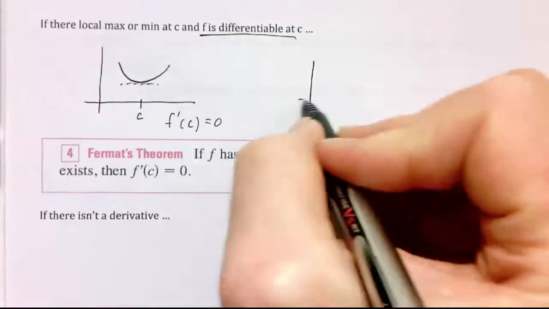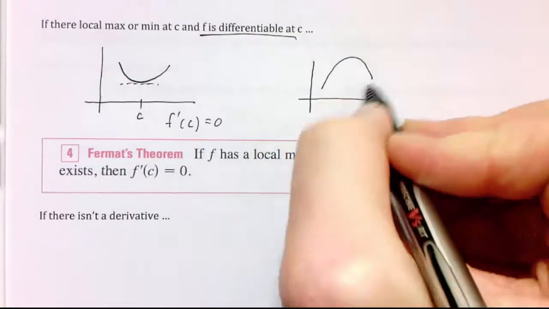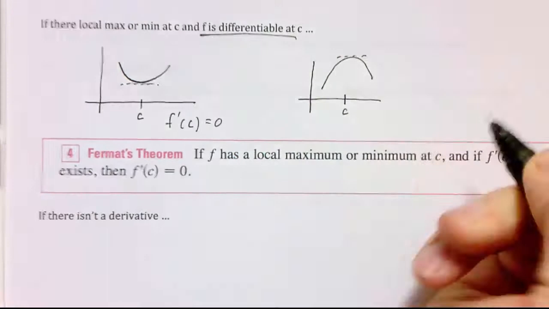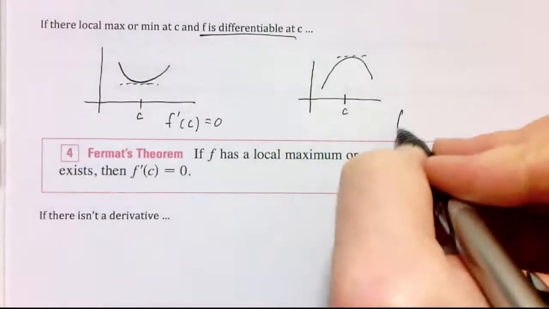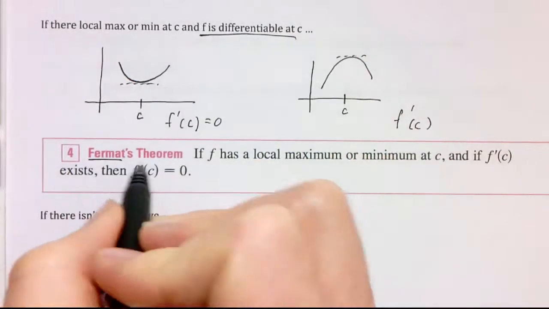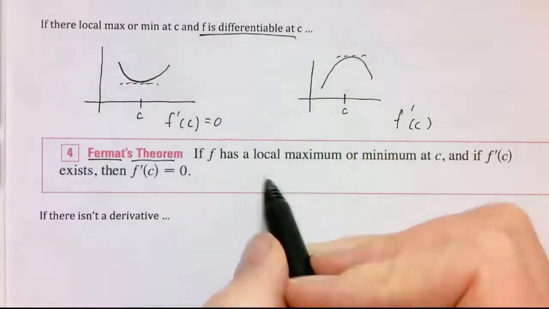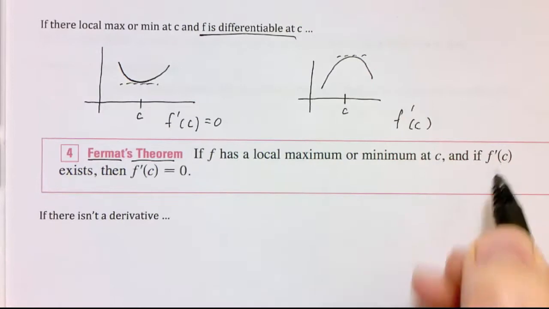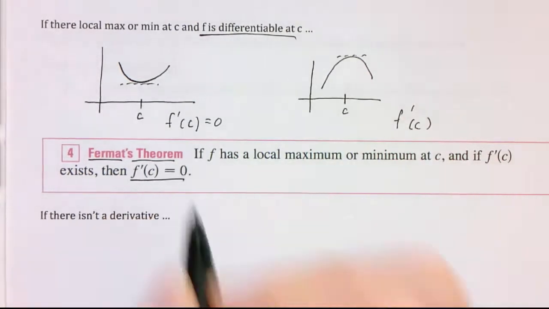Same idea with a max. If I'm going to be at a peak and have a derivative, then I have to have the derivative 0. So we have a theorem called Fermat's theorem, which says if f has a local max or a min, and if there's a derivative, then that derivative must be 0.